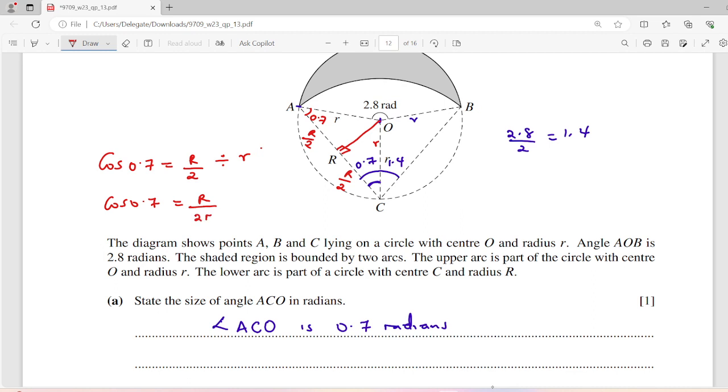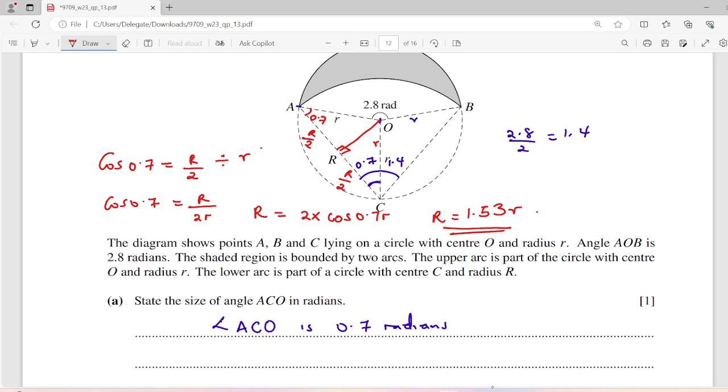So I'll cross multiply and have big R equal to 2 times cos 0.7 small r, and you get your R being 1.53r. You make sure that your calculator is in radians. This was the working for part B.